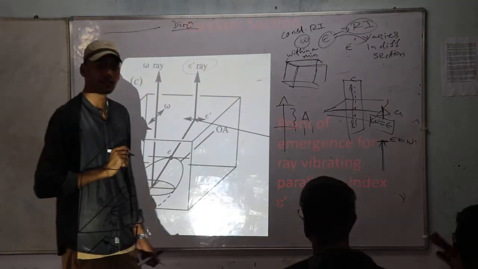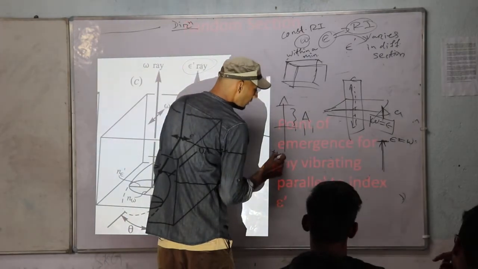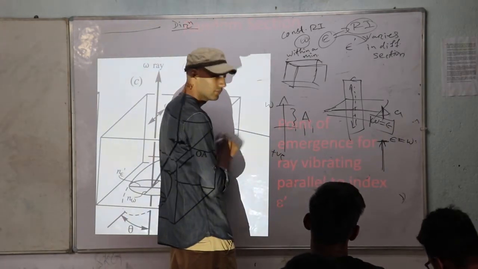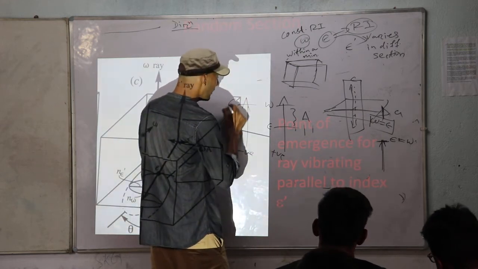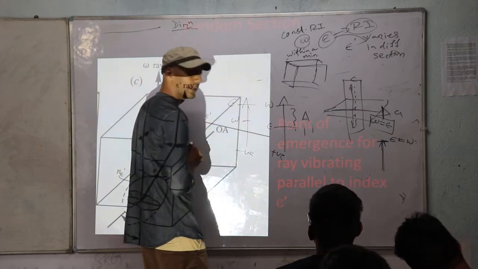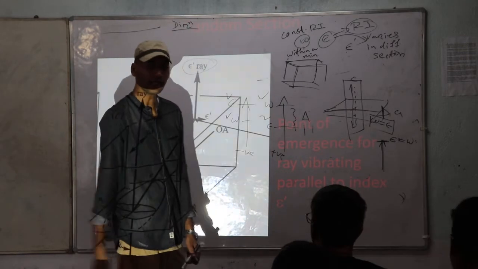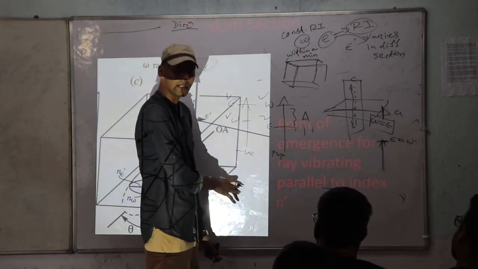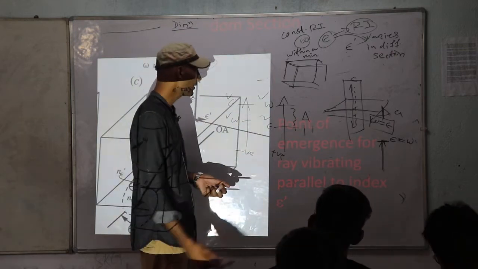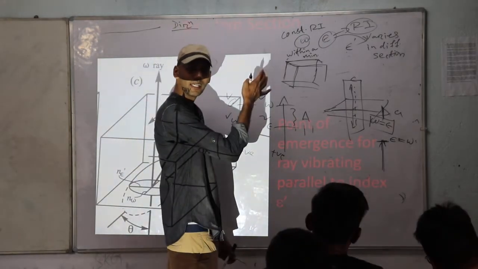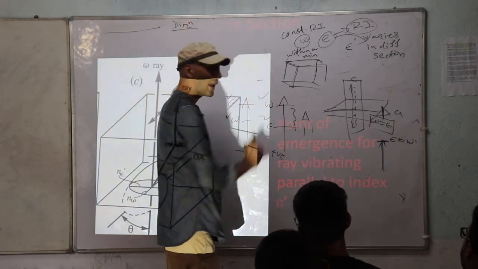That depends on whether the mineral is positive. If the mineral is positive, the O ray will be faster, epsilon will be here. If the mineral is negative, then epsilon will be faster, O ray will be here. I am talking about velocity. Got that? This is in the principal section. That means when the light ray is perpendicular to the C axis, you are taking AC or BC section, the light rays migrate in the same path but at different velocities, and that is maximum.